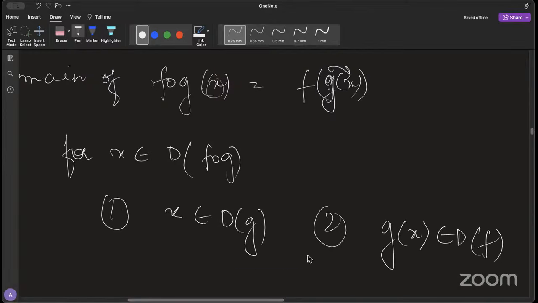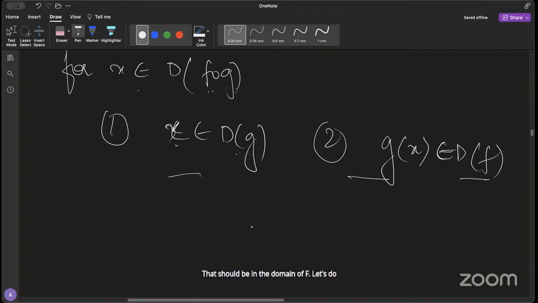Is this okay? So x should be in the domain of g and g(x) should be in the domain of f. If there is any x in the domain of f o g, then that x should be in the domain of g, because you're going to apply g to it, and then the value g(x) that you get should be in the domain of f.